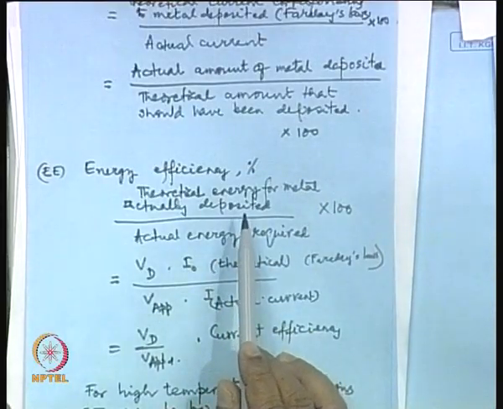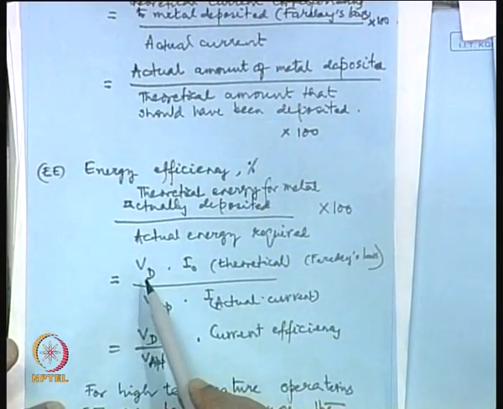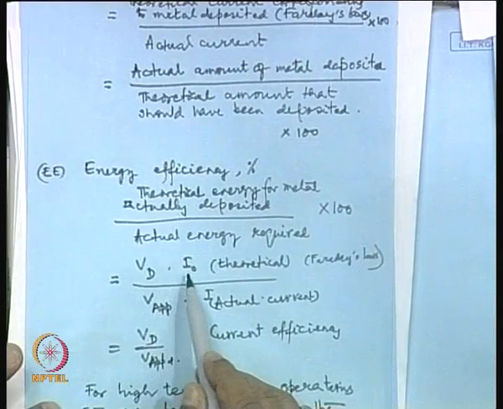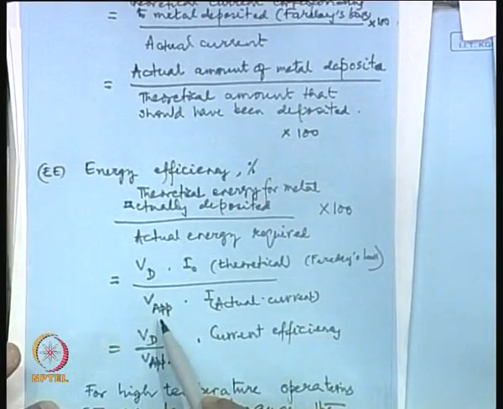Now, what should be the theoretical energy requirement? It will be the theoretical decomposition voltage. Every salt has a theoretical decomposition voltage, decomposition potential, which we can find from thermodynamic data, multiplied by the theoretical current that should be required to deposit that much metal, which we can calculate from Faraday's laws, divided by the actually applied voltage.